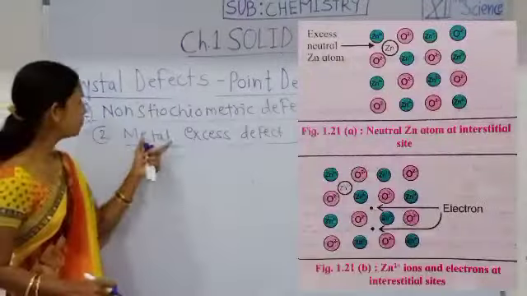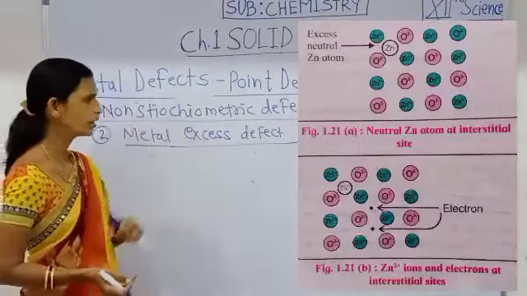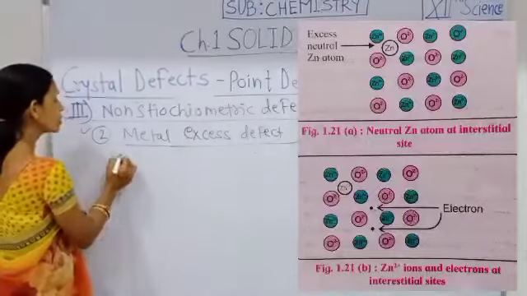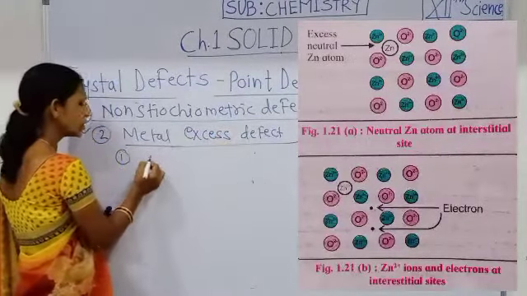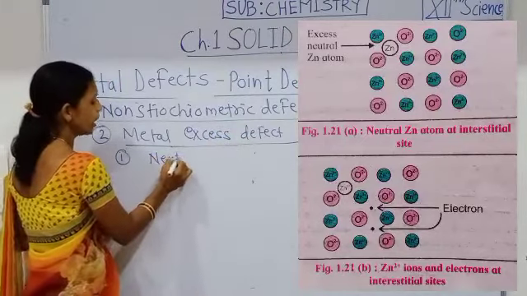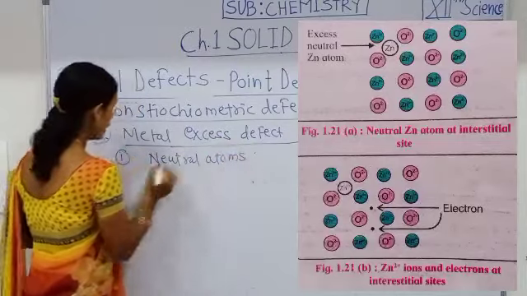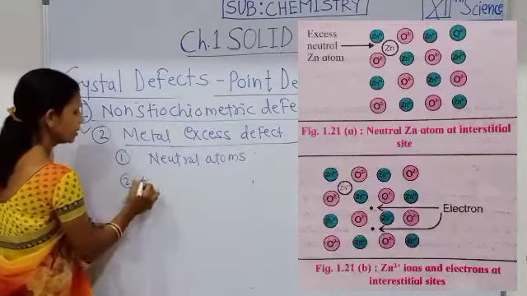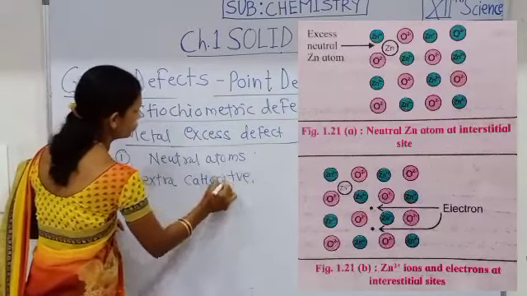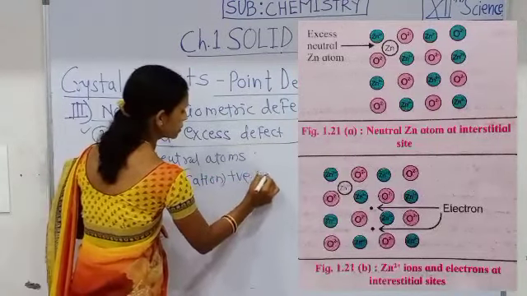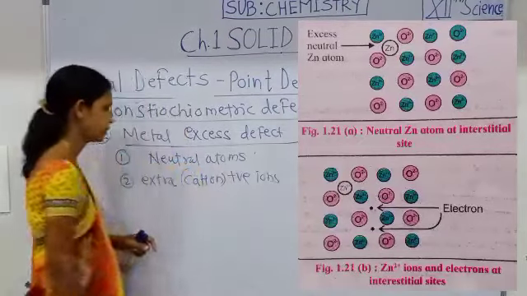Then see here, metal excess defect is another type of non-stoichiometric defect, in which there are two subtypes. The metal excess defect is produced due to neutral atoms, and second, due to extra cations or positive ions which occupy the interstitial space.